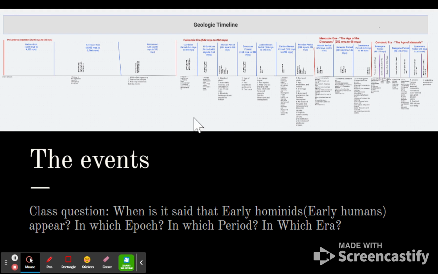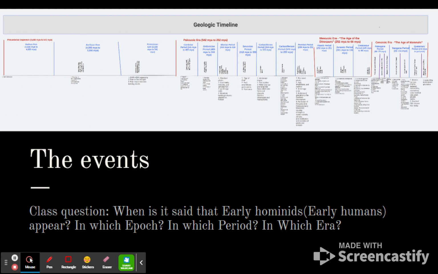I don't remember exactly the epoch. So you are correct. It isn't the first. The era it is in is the Cenozoic era. The period name, I'm getting to it. Sorry, I can't see it without looking at it. So give me a second.